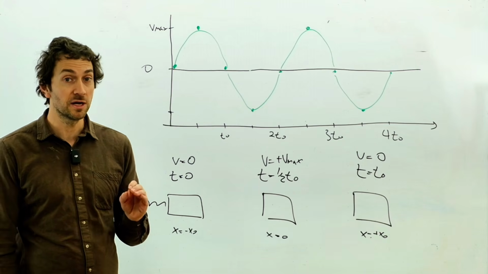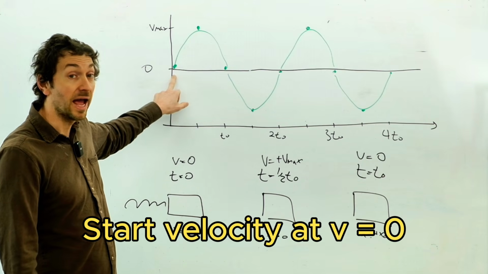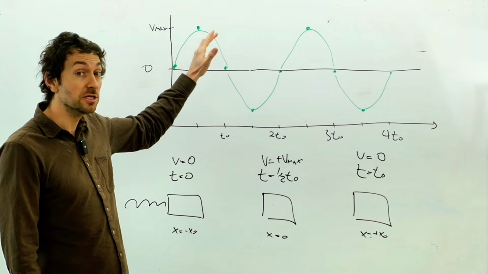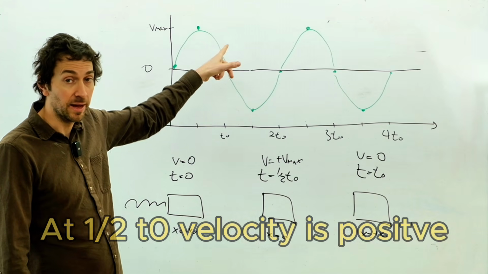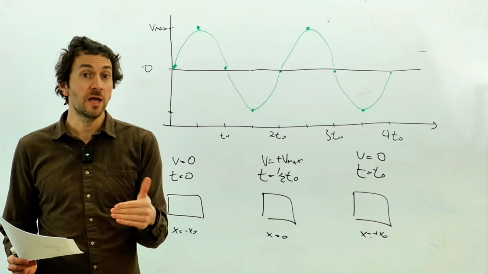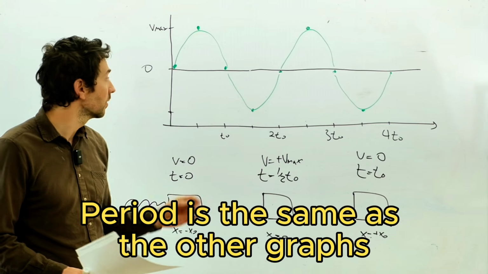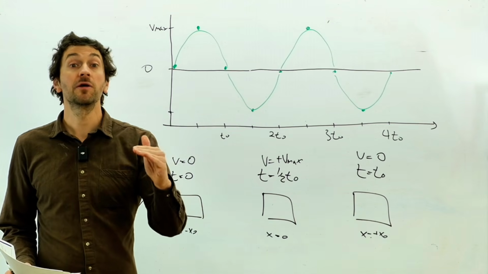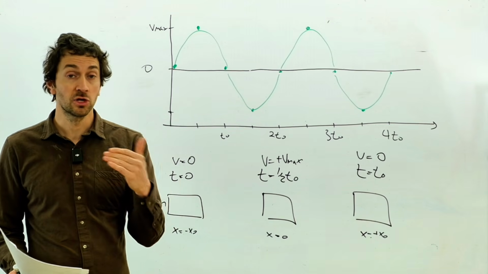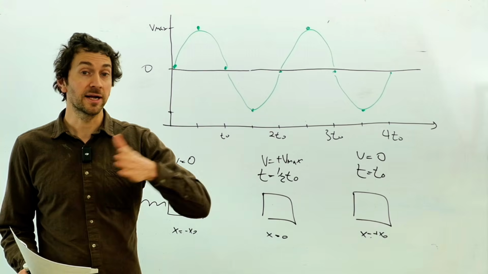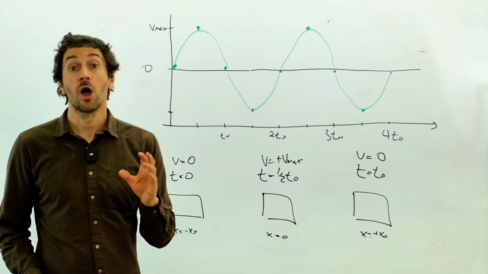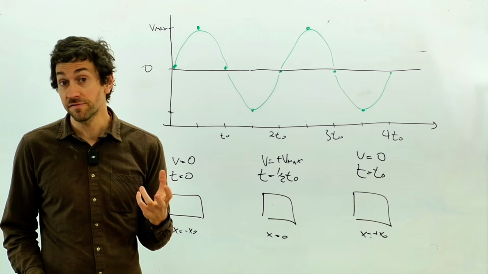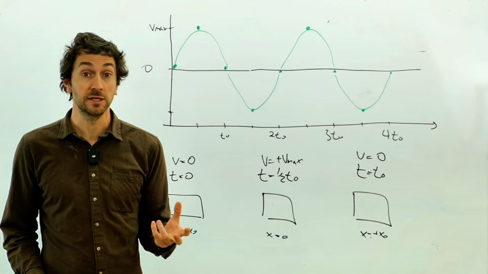We start the velocity at 0, at time 0, and it goes positive, so then the first one at half T naught is V max. It's important that we keep the period the same. So the period is 2 T naught, so it goes from the beginning back to the beginning at 2 T naught. Okay, in part C, we sketched a graph, and now we're going to finish with part D.